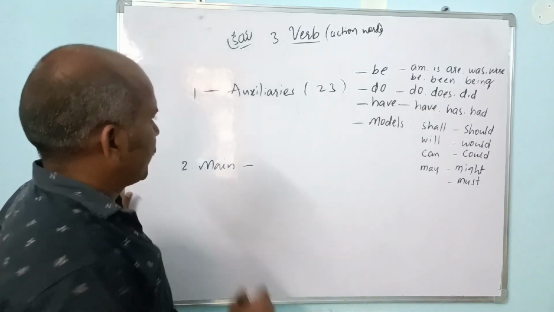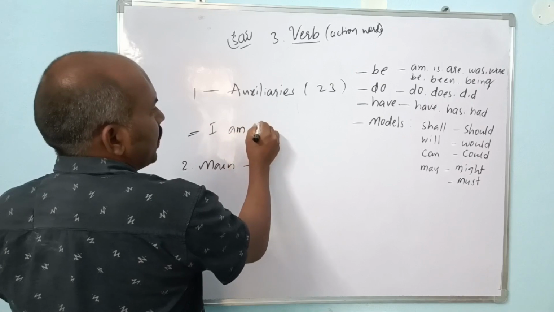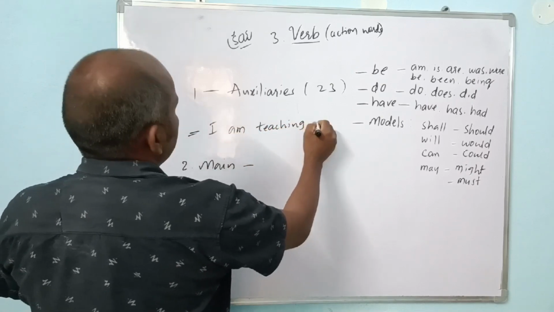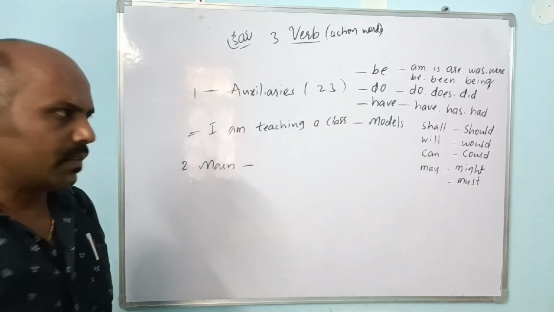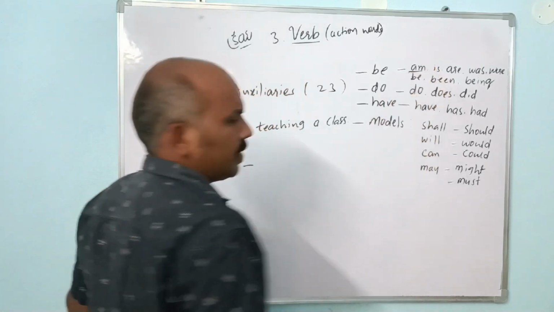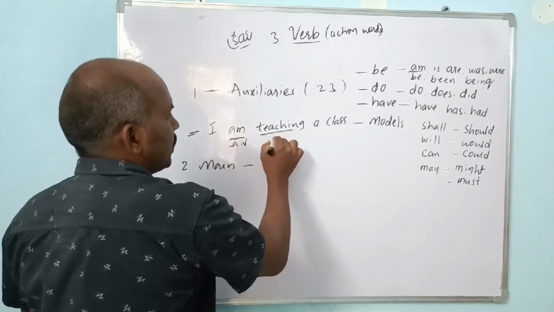Suppose here an example: I am teaching a class. It is a sentence. In this, am is an auxiliary, right? It is an auxiliary form and teaching is the main verb.